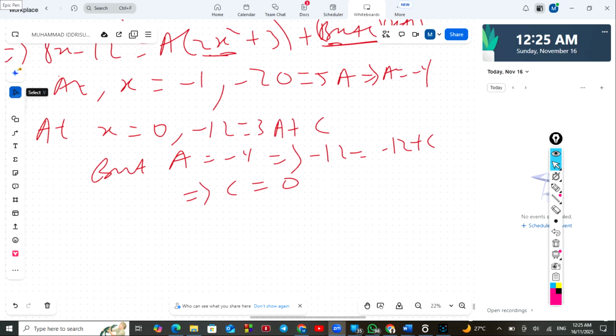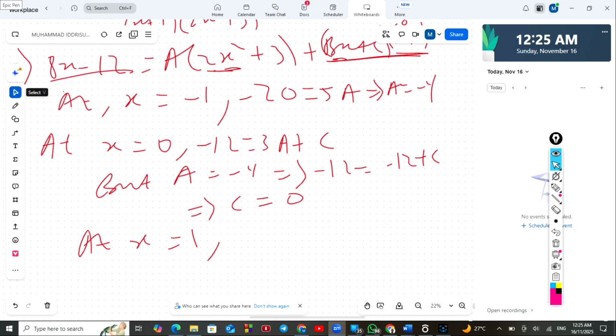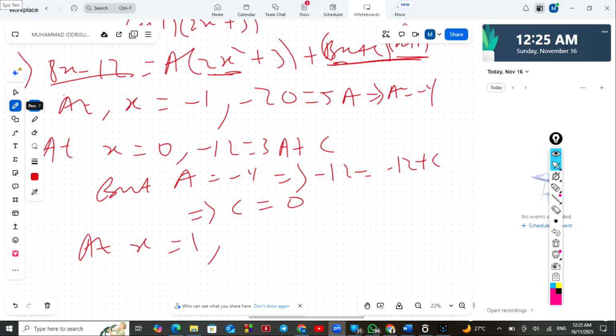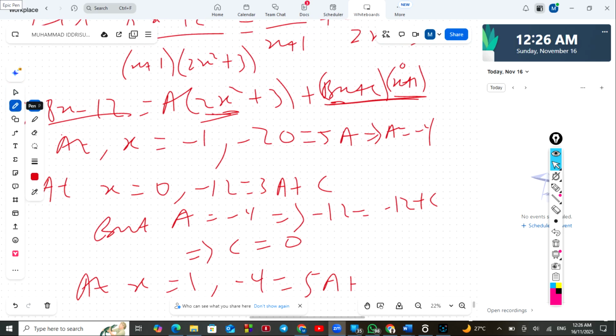So finally at x is equal to 1, we have 8 minus 12, which is -4, will be equal to, so 2 times 1 is 2, 2 plus 3 is 5, so 5A plus, this becomes b plus c, and this becomes 1 plus 1, which is 2, so 2b plus 2c.